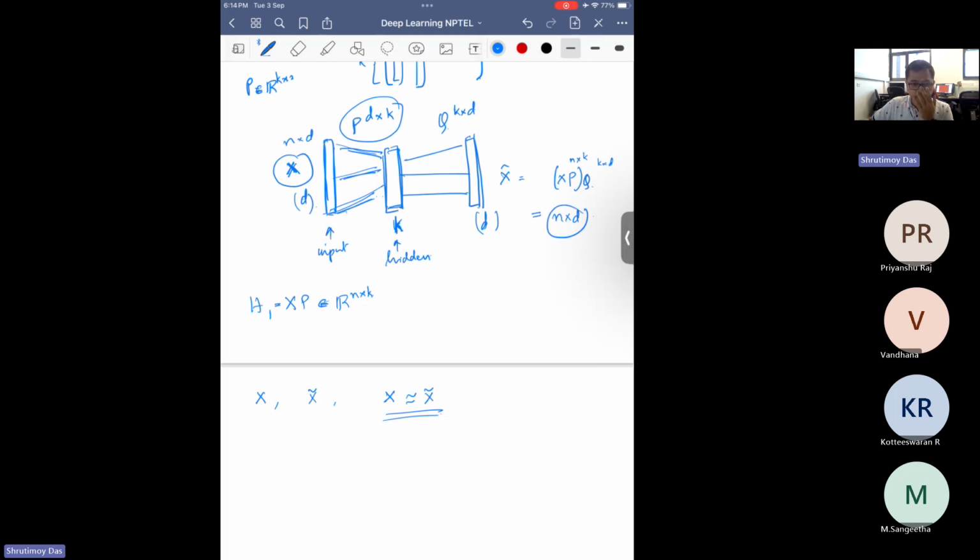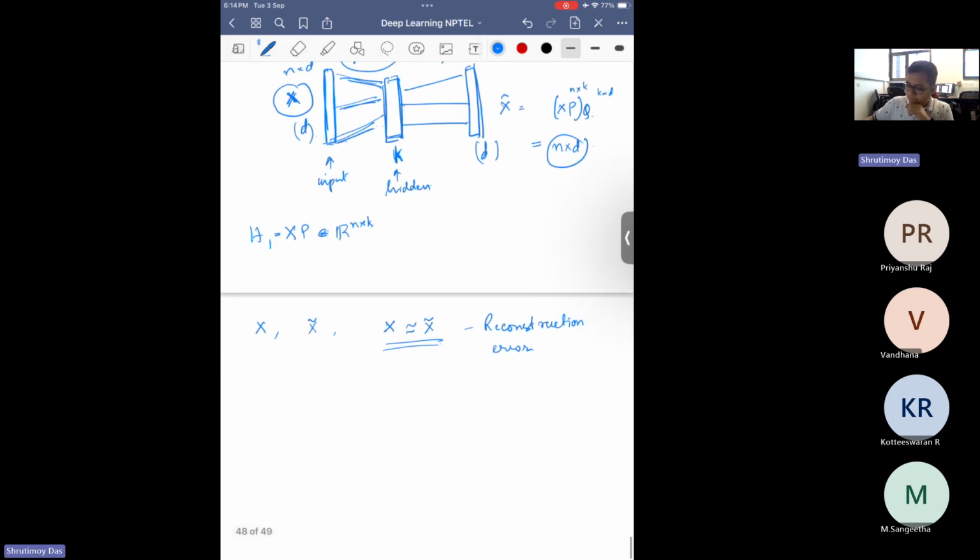Now what I want is to select the most important principal components such that my reconstruction error is small.